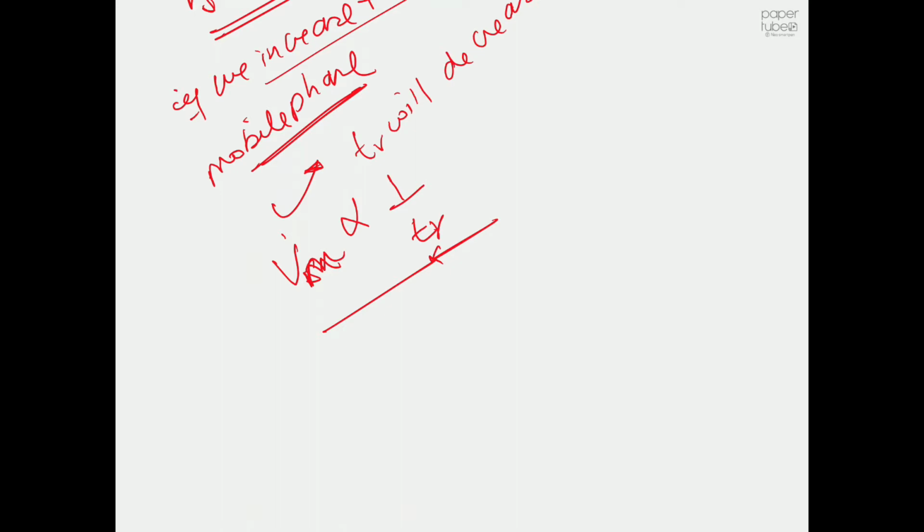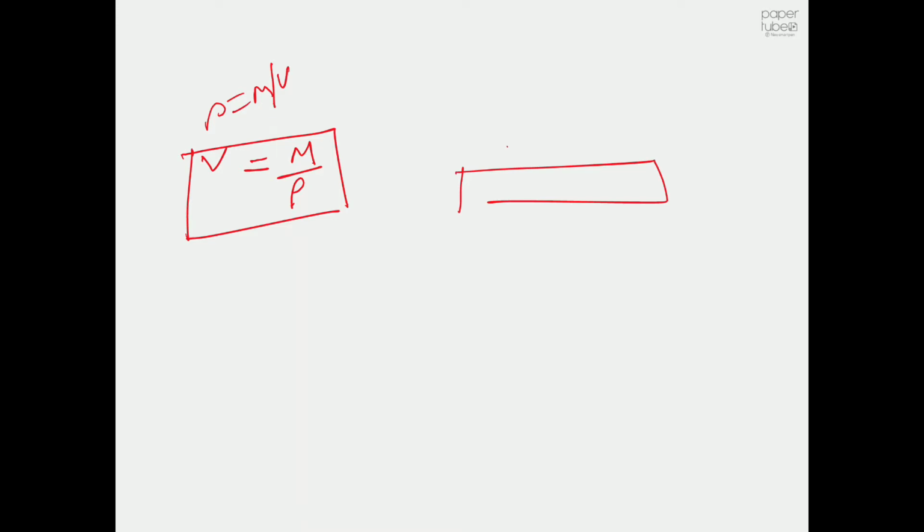So we all know density is equal to mass by volume. So volume is equal to mass by density. Let's put it that way. If we have a big column and we increase the volume of the stationary phase, or in other words, if you increase the mass of the stationary phase inside the column, your retention time is going to be higher.